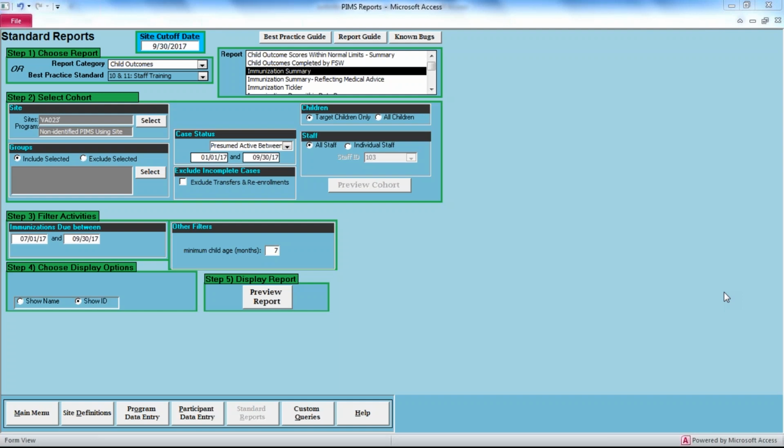So when family support workers are using data forms to record things, they should be recording a date that they're doing them. And rather than let forms that you're entering default to today's date, use the date that they completed them. And that should help with that problem. Okay. Thank you.